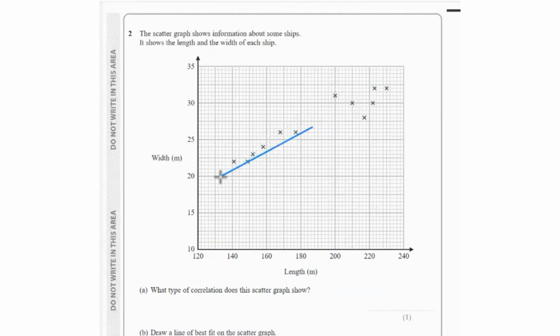If we pick this, that's more below. So I think I'm going to go with this one. That is my line of best fit.